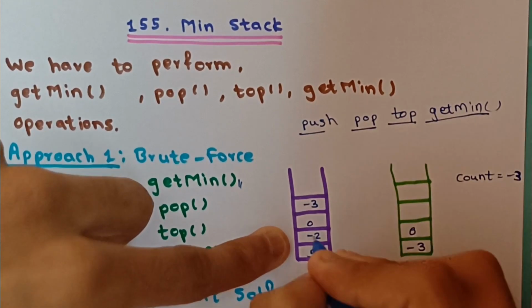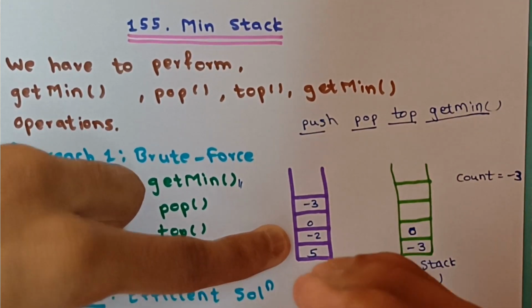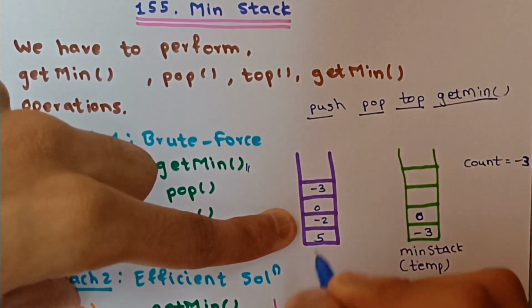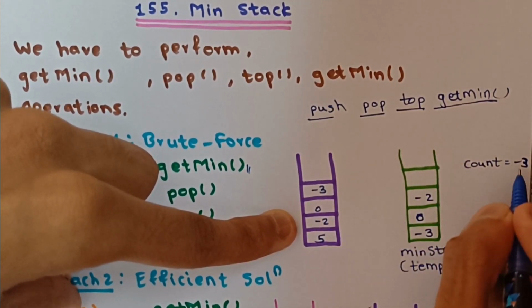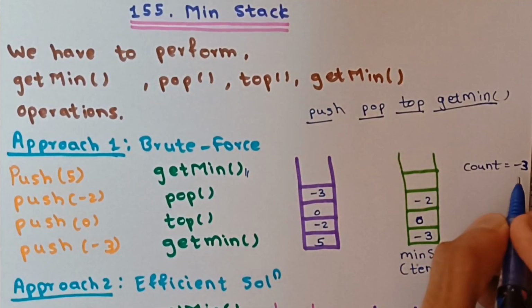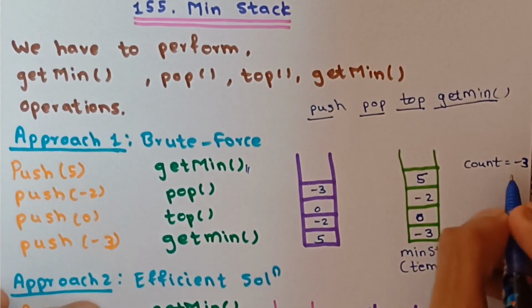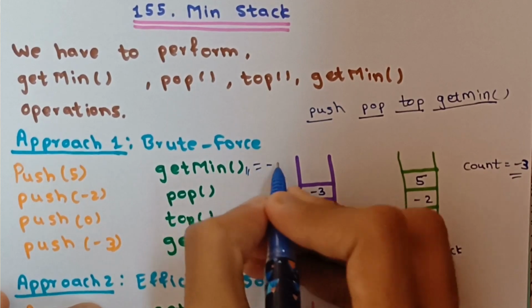We traverse each and every element from the stack. -2 is not smaller than -3. Now we put all the elements back. Count is -3, so getMin gives -3.